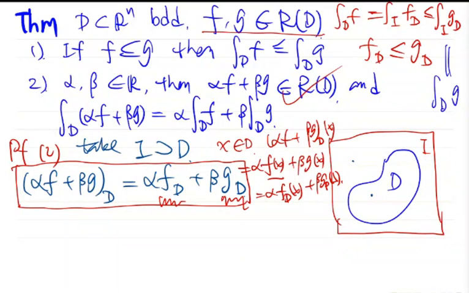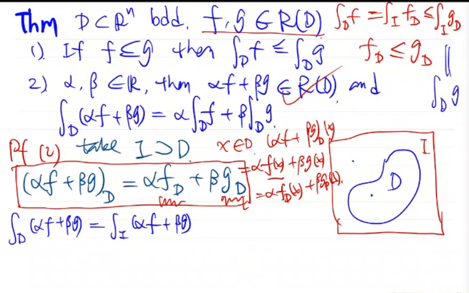Now for the equality of the integrals, just compute the integral over D of alpha f plus beta g, that is the integral of the zero extension. But the zero extension is precisely alpha f̃ plus beta g̃.